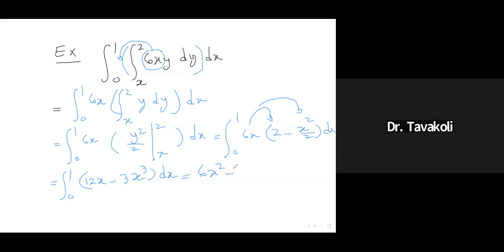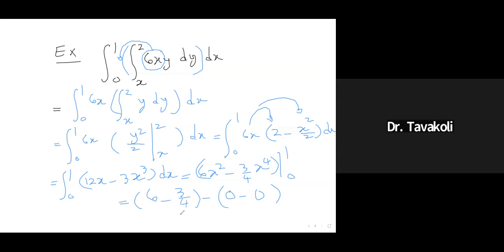Antiderivative of 3x cubed is 3/4 x to the 4. And I need to evaluate these at the limits of the integral at 1 minus at 0. At 0, both of these two terms are going to be 0. At 1, when x is 1, this is 6, and the other one is 3/4.